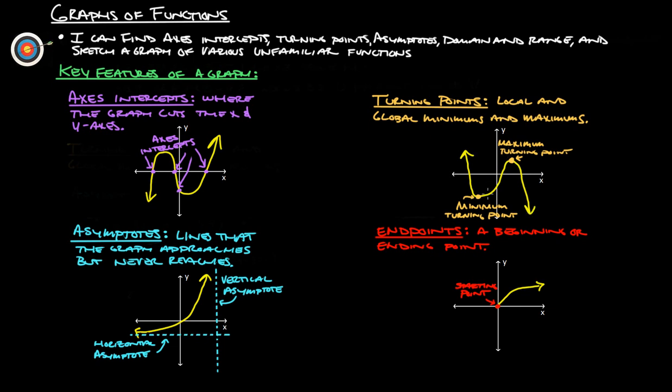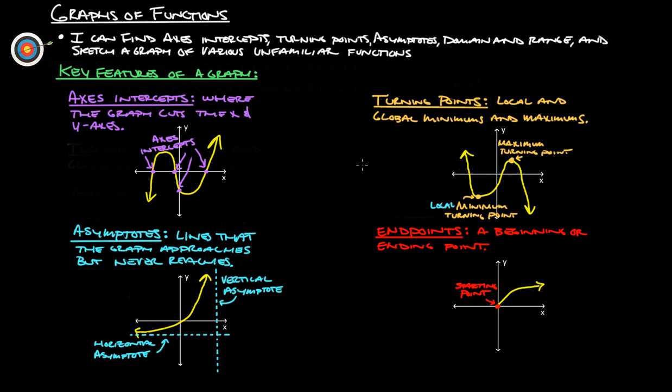Local means that this here is a local minimum, because it's the lowest point in the graph in this area right here, but that's not the minimum ever on the graph, because there's lower points over here. And this is also a local maximum because this is the highest it gets in this general area, but over here it gets higher.